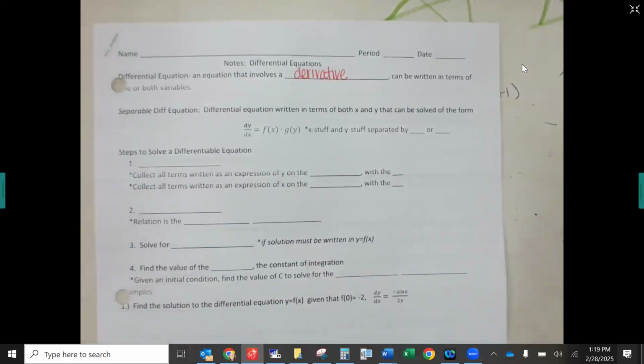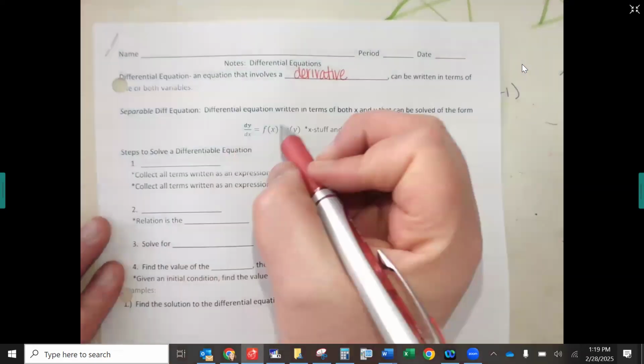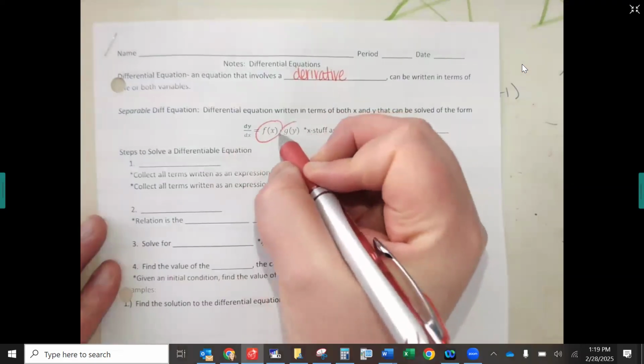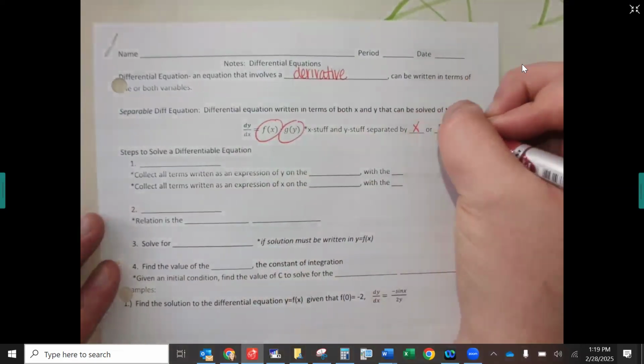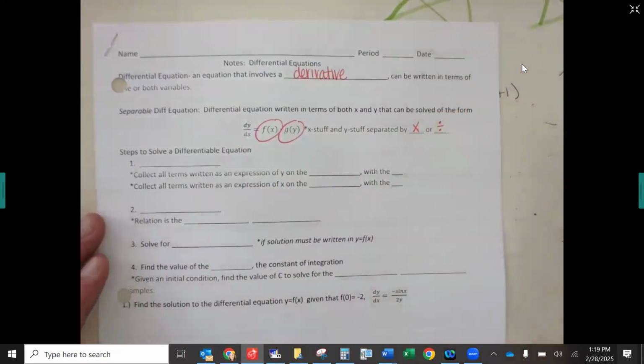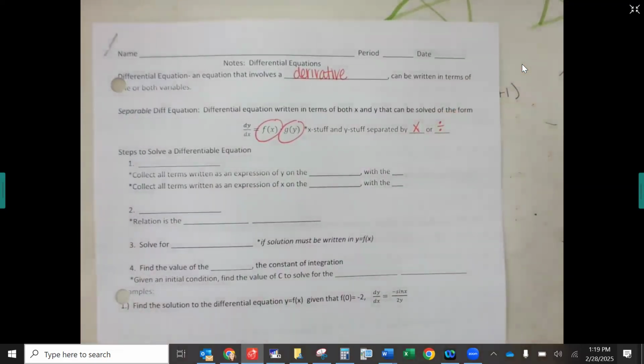A separable differential equation is when you can write it where the x and y stuff are either multiplied together or divided together. Notice not added, not subtracted. They have to be multiplied or divided for it to be considered separable.